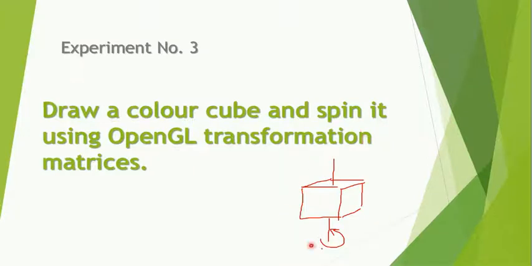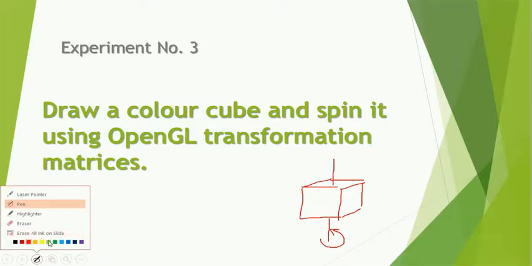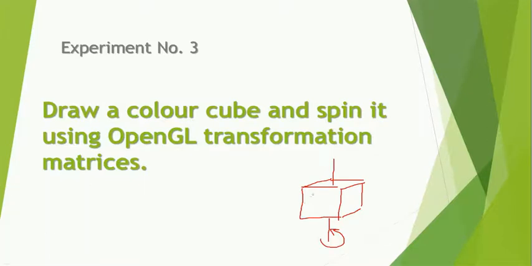Now this experiment is very easy. Again, most of the concepts that we have seen in lab experiment number 1 and experiment number 2 have been repeated, or the concepts remain the same. So let's not waste much time and directly jump onto the execution part, the code.